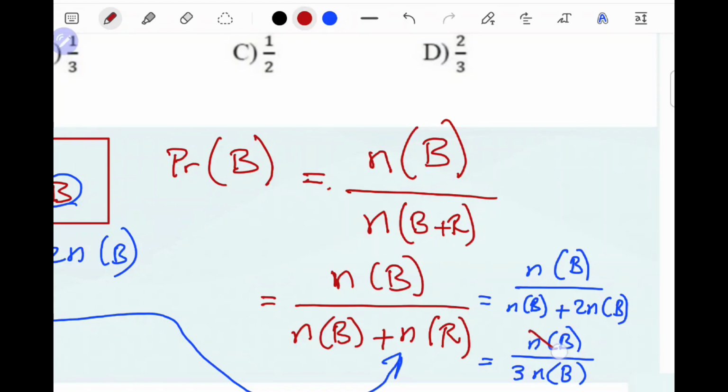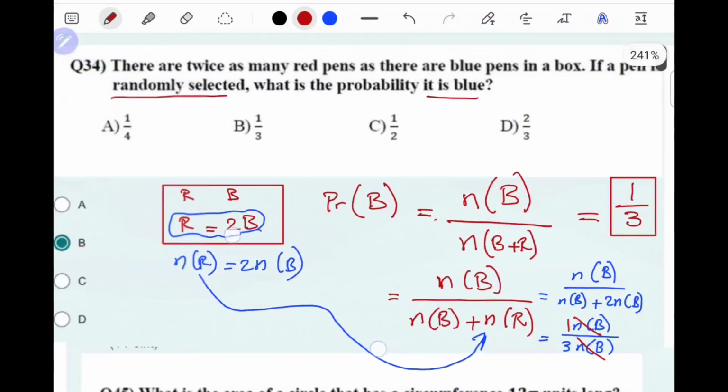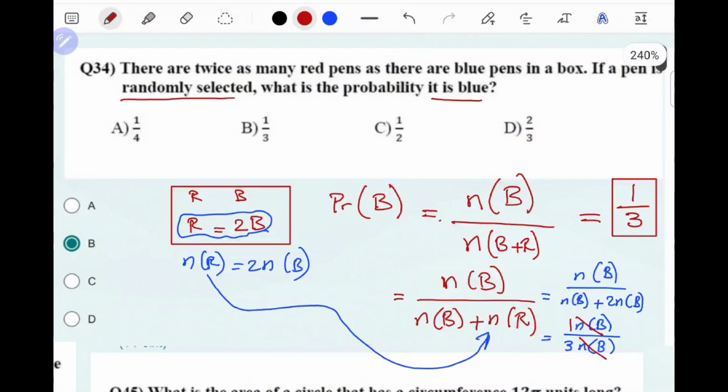Now we can cancel out NB with NB, and this will be 1 over 3. So the probability of picking a blue pin is 1 over 3. So the answer is B.